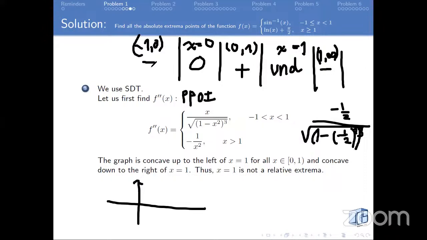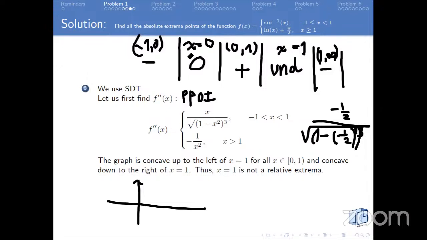Halimbawa, pag i-substitute natin yung 0 dito, 0 over 1 - 0, so magiging 0 siya. So therefore, possible point of inflection siya kaya sinama ko siya dito sa table.